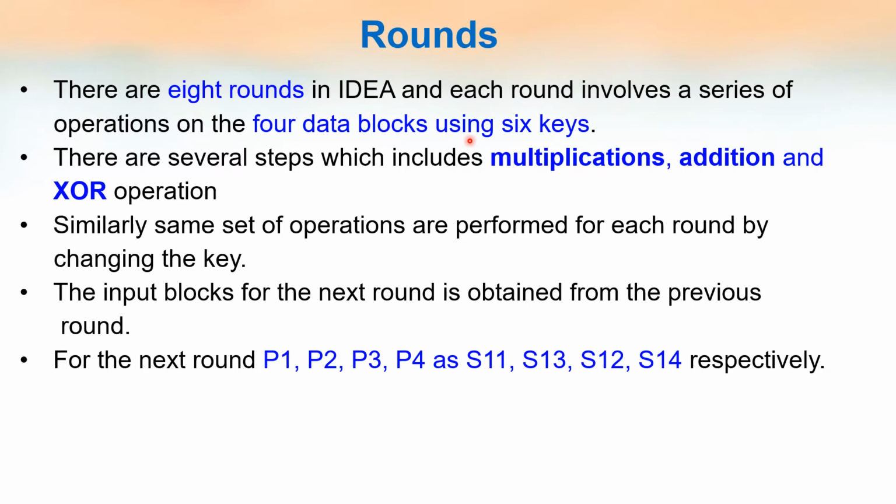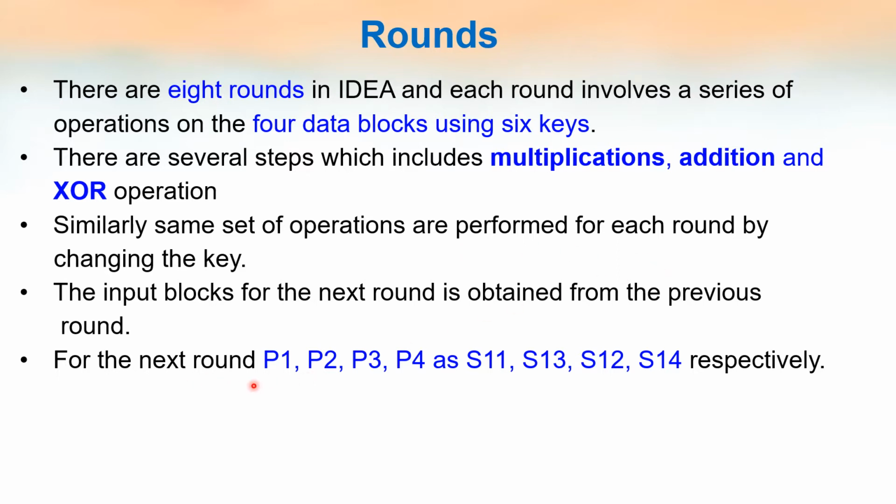There are 8 rounds in IDEA and each round involves a series of operations on the data block and the keys. The main operations are multiplication, addition and XOR. The same set of operations is performed for each round.